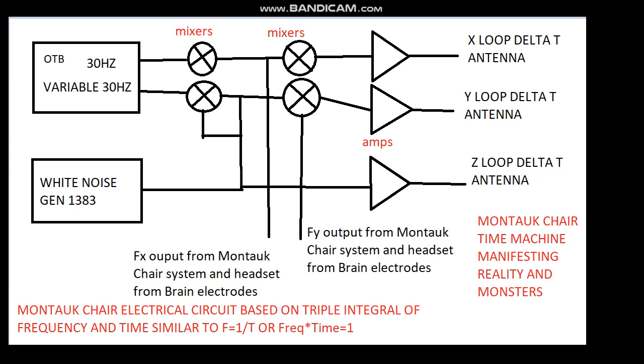Because it contains all frequencies, so it makes this device very powerful. But when you put in all frequencies, you're not just broadcasting the frequencies of the brain from the Montauk chair and headset and the body, the aura of the body, but you're also amplifying as well through the amp and sending out into the ether the white noise containing all the frequencies.